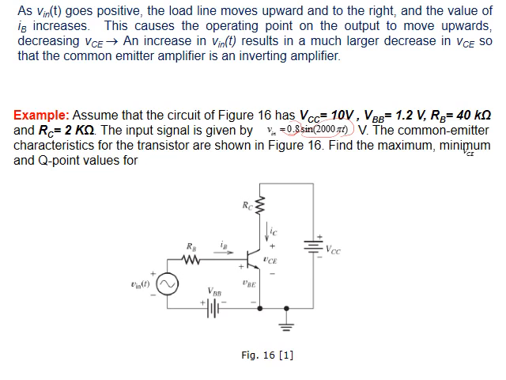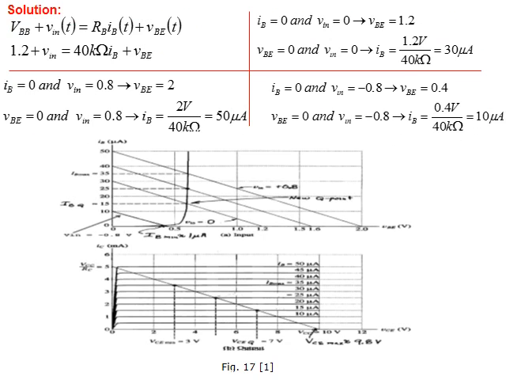Or you need to write VCC equals IC RC plus VCE. You will assume VCE equals 0, then find IC. You will assume IC equals 0, you will find VCE. So I got two points here and here, and I make a line. Now I will take the currents. The first current IB was 50 micro, so this is the line. They intersect here. This is the VCE I'm looking for.